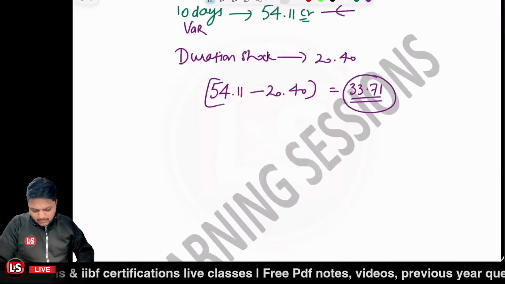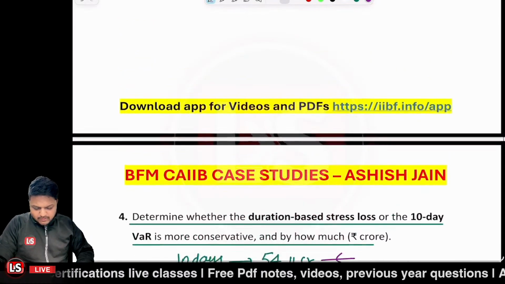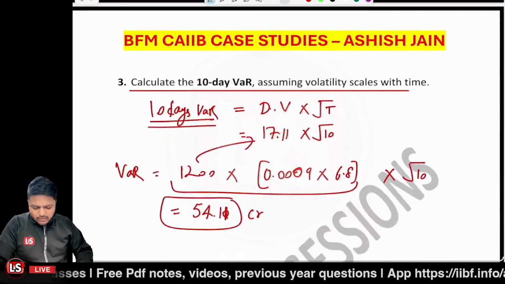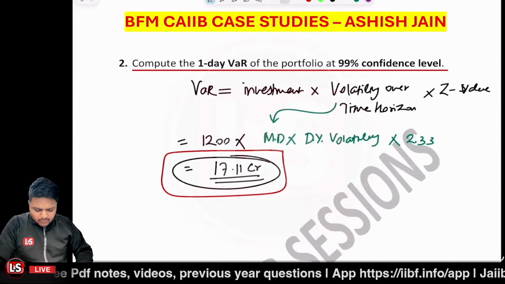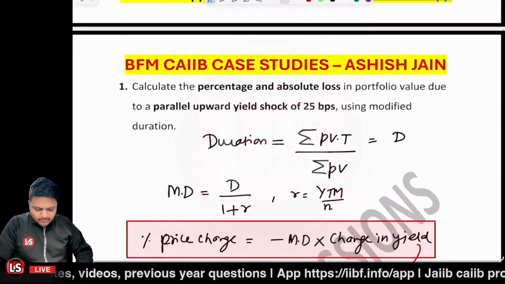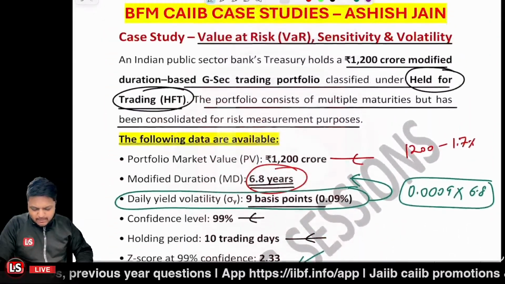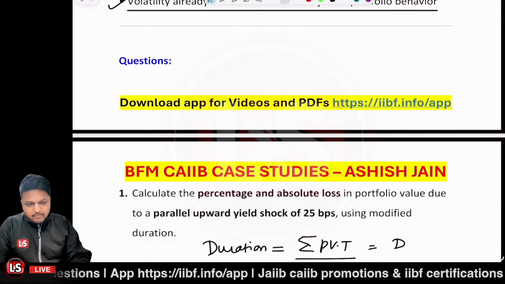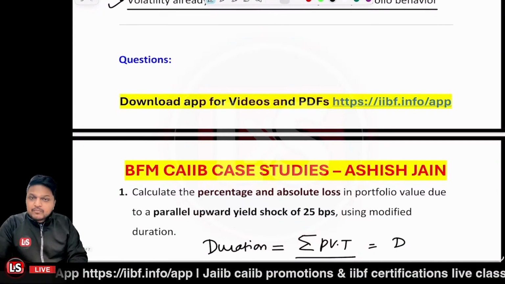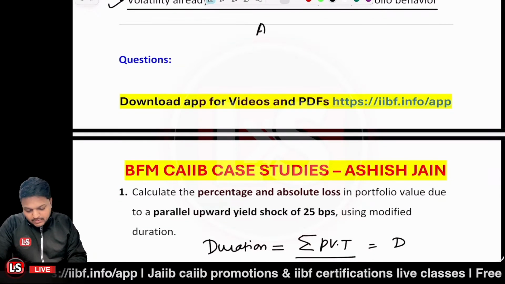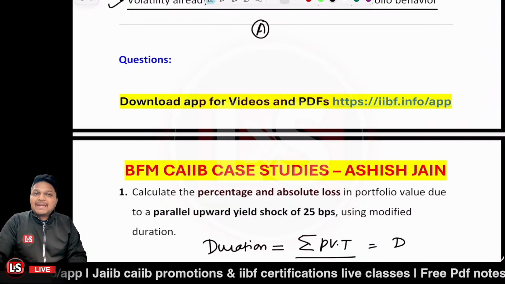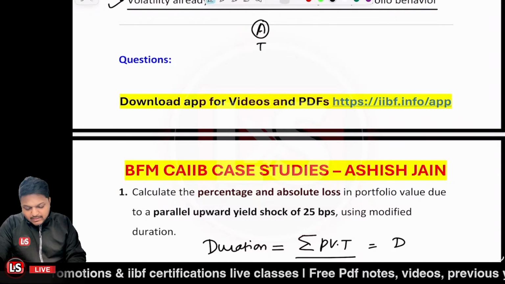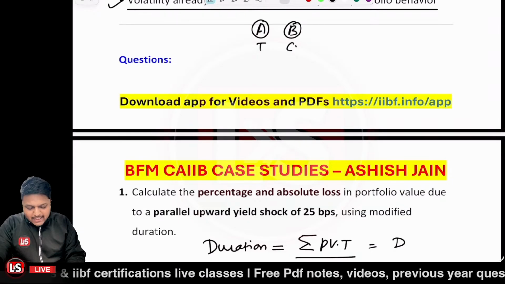So that was all about this case study. There were 4 questions related to duration, and for the calculation of duration, if the data is given, we have to calculate the duration. How can you calculate it? 5 columns are to be prepared. Which 5 columns? The first column, A, would be the time when you get the cash inflow, T. The second column, B, would be the cash flow.